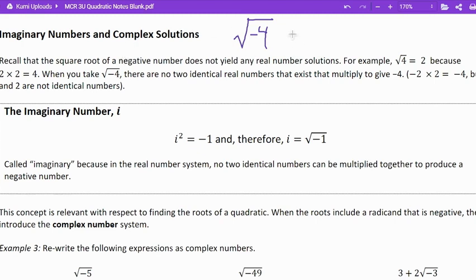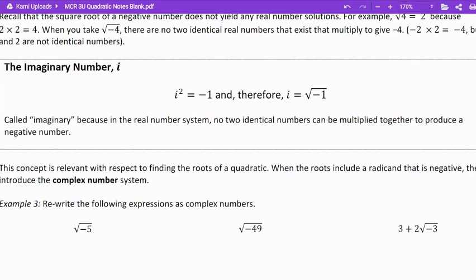There are no real roots. There's no real value for this, but we can bring in something called an imaginary number. And an imaginary number, okay, this is quite tricky. We use the letter i to represent the square root of negative 1.